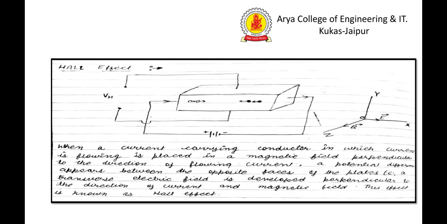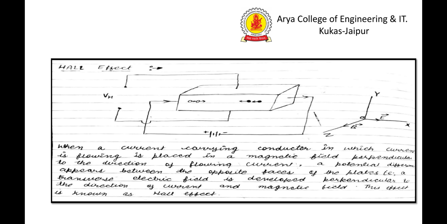When a current carrying conductor in which current is flowing is placed in a magnetic field perpendicular to the direction of flowing current, a potential difference appears between the opposite faces of the plate.